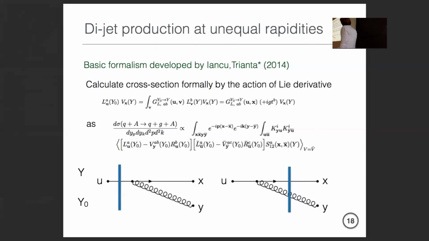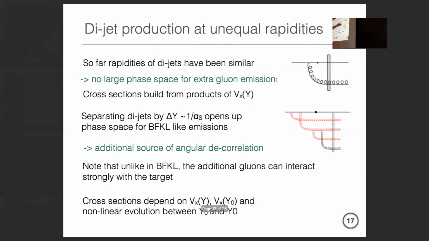So basically what they came up with is that the appropriate way to formulate the cross section in this case is that you have the scattering of your parent projectile at the finite rapidity, which you express in the usual way in terms of the dipole scattering amplitude.